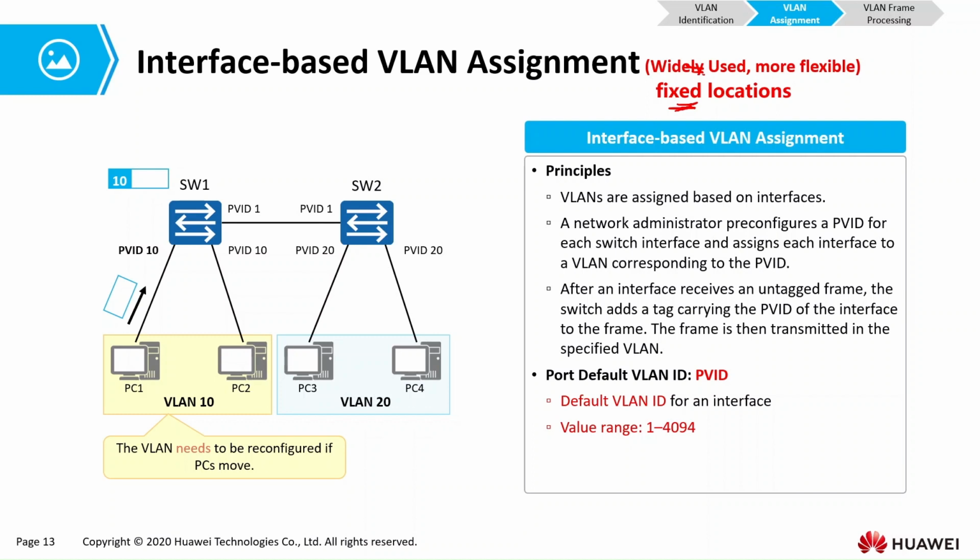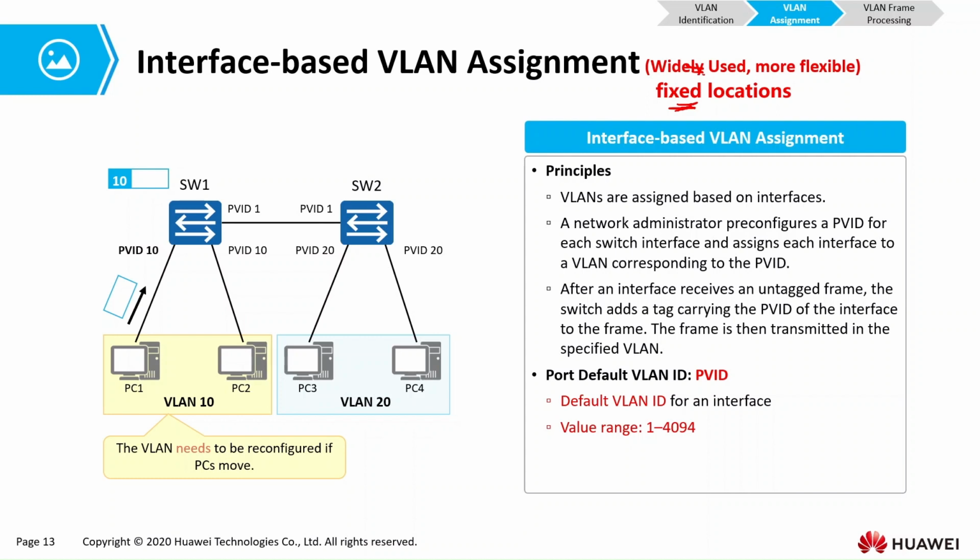Okay, so remember every port has a PVID. We call it the port default VLAN ID. Remember the default ID is 1.